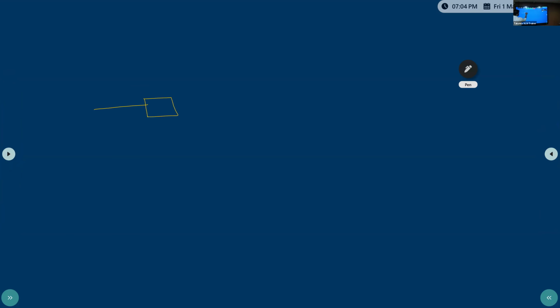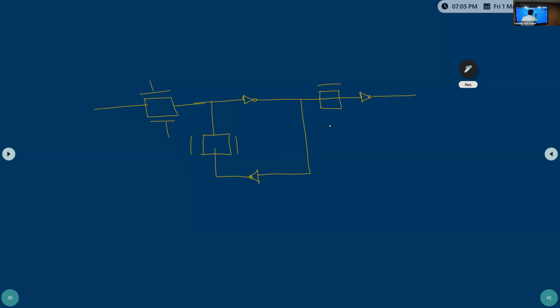It will be like this: a transmission gate, then an inverter followed by an inverter, then one more inverter, then one more transmission gate. This also is a transmission gate, and here also we have a transmission gate.